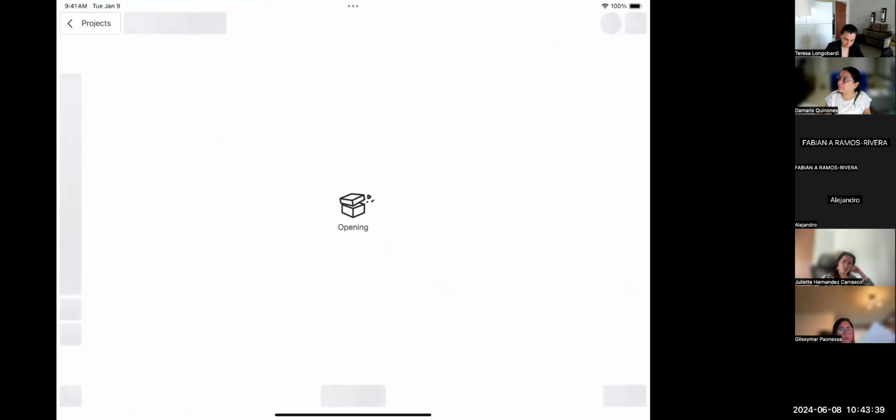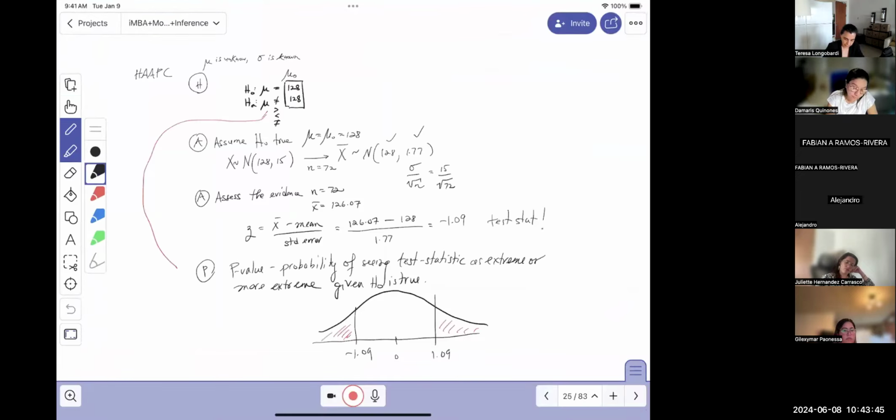So this is 1397, and this is also 1397, and together they make the p-value.